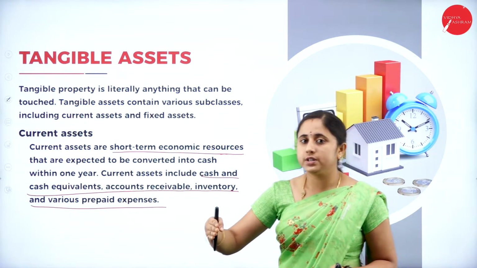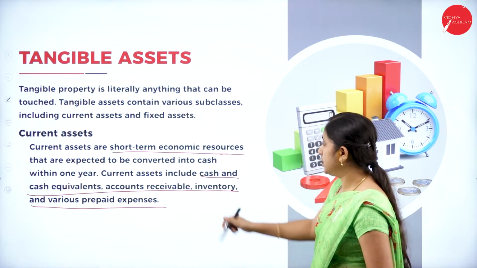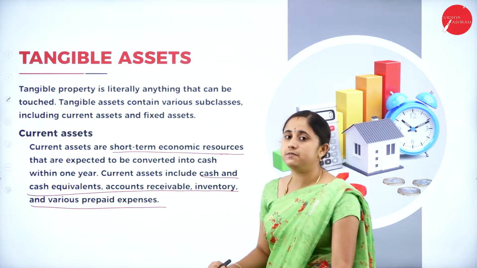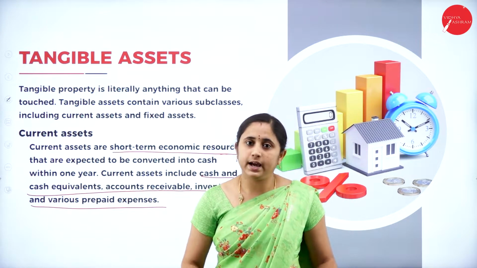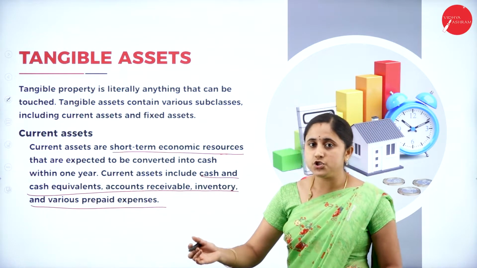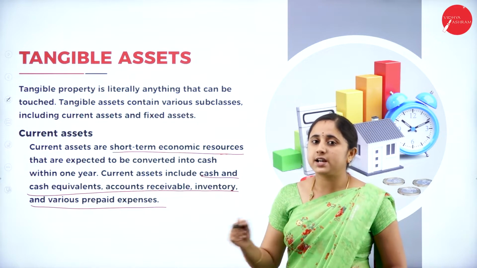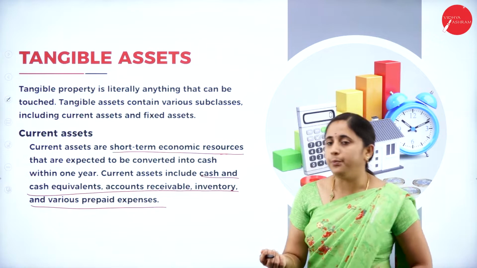So you are going to receive it in future. The amount you are going to receive in the near future is accounts receivable. Inventory is the stock you are maintaining in order to sell and make a profit. So inventories, in the short term only, you are going to make a transaction. You are going to sell the inventory stocks and earn profit.